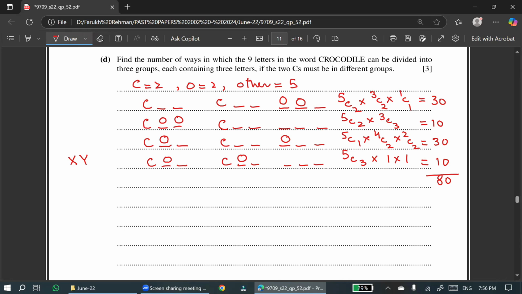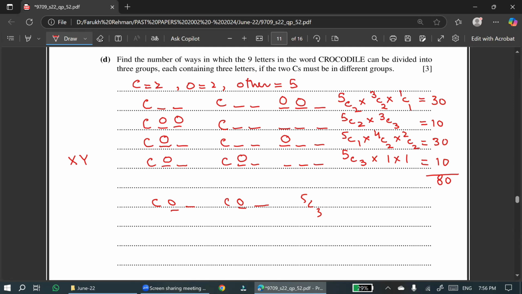See, for the third group we have selected using 5C3, okay. Now we are left with only two alphabets, say the alphabets are X and Y. Now CO, CO. Now we want to fill the third place. We have only two options.